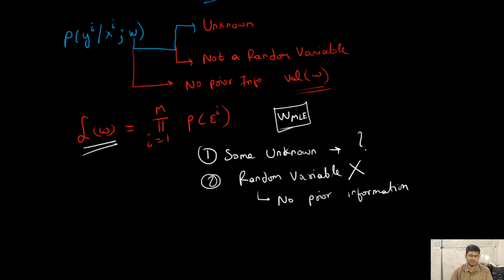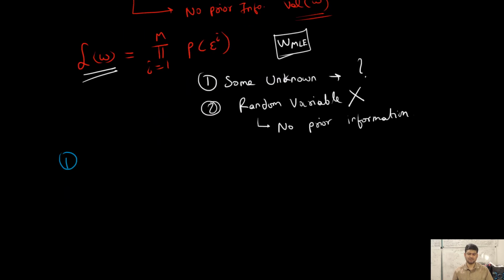distribution, right? Before observing the data, what if you had some knowledge about what values these parameters should assume, right? So the first question is, what if we have some prior information? And this prior information can be in the form of a distribution.